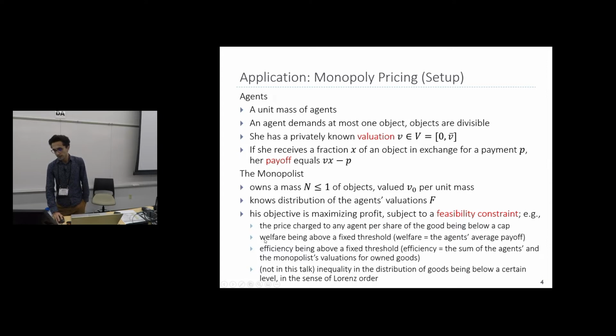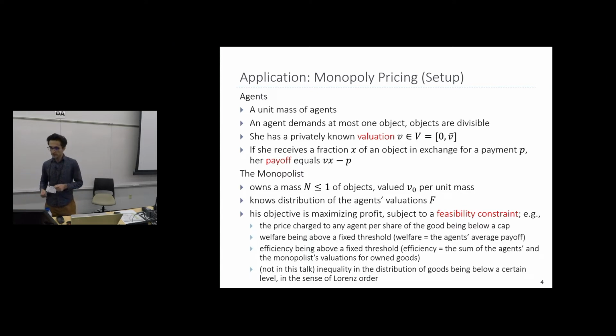Another type of feasibility constraint is a lower bound guarantee on welfare. Welfare should be above a threshold, where we define welfare as the agents' average payoff. Another one is a similar guarantee, but for efficiency, where we define efficiency as the sum of the agents' and the monopolist's valuations for owned goods. You can pick any of these three, and the rest of the results will go through.